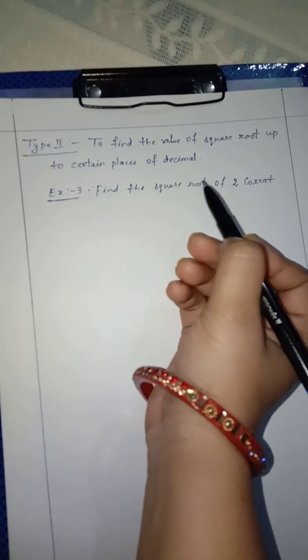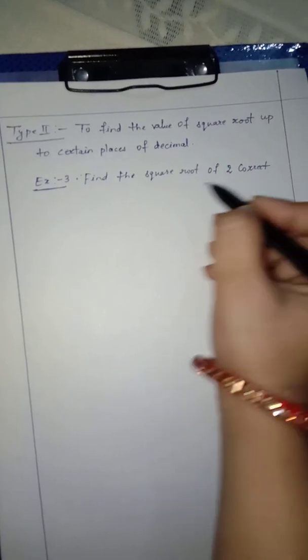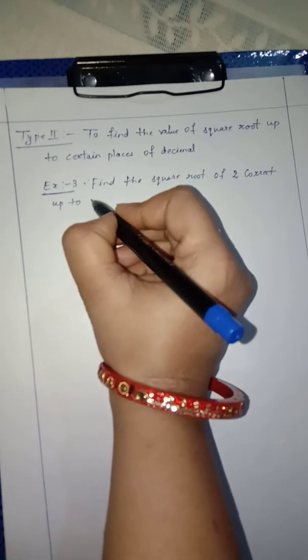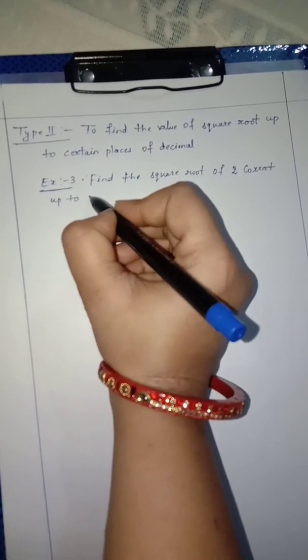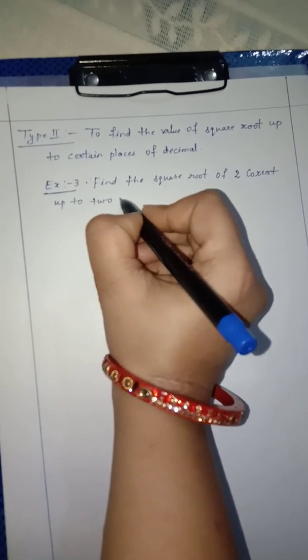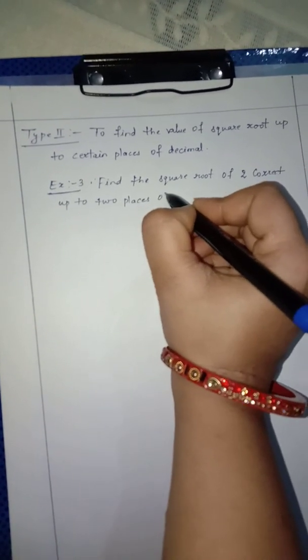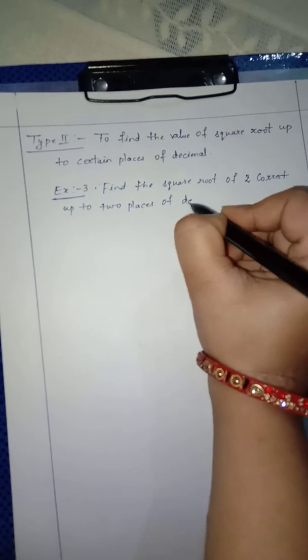Find the square root of 2 correct up to two places of decimal.